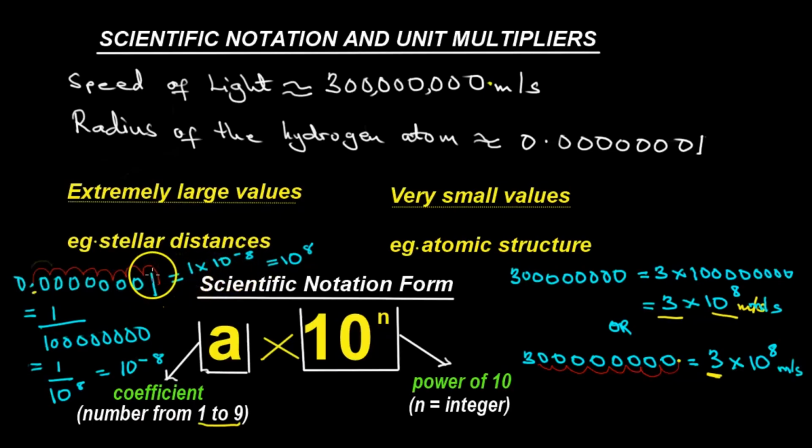Now my decimal point is here, and then I have 1. That is the coefficient. Then the power of 10 follows. So I have 1 times 10 exponent minus 8, which is also equal to 10 exponent minus 8, because if you multiply 1 by any number, you get the same thing. That is why we had this answer.